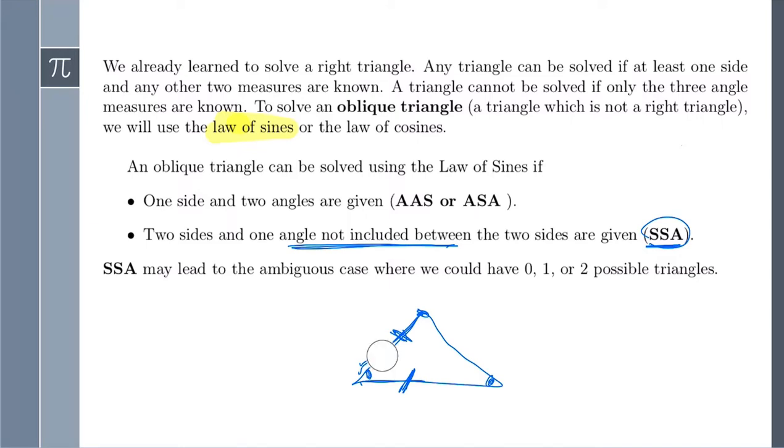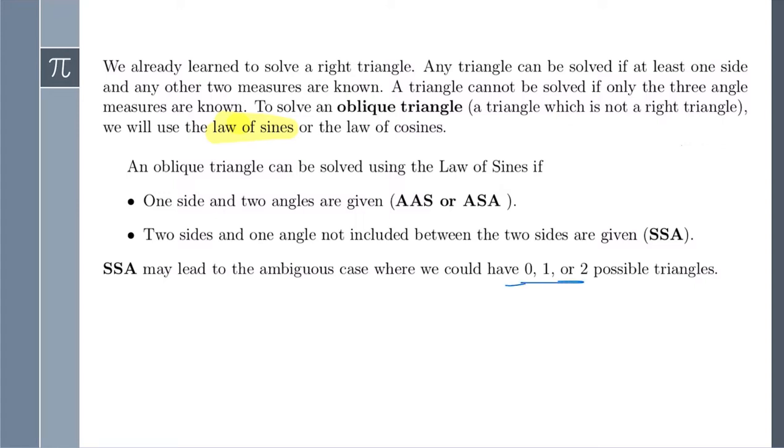Usually this second case, when we are given side, side, and angle, we call it the ambiguous case. Sometimes, based on the given information, we might not be able to form the triangle. In that case, we have no such triangle, or zero triangles.